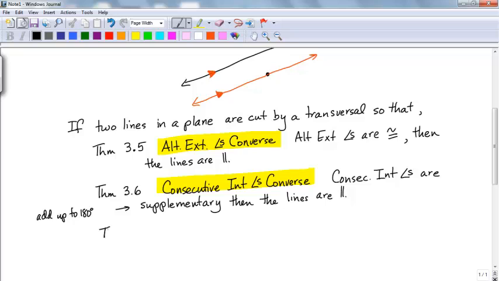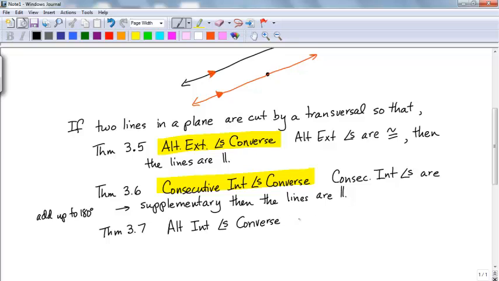The next one is theorem 3.7. It would still start out with the beginning phrase, if two lines in a plane are cut by a transversal so that, and this one's going to be called the alternate interior angles converse.